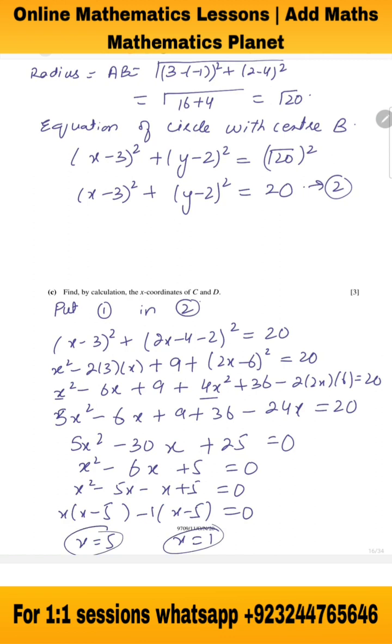So by calculation we get the x coordinates of C and D, that is x is equal to 5 and x is equal to 1. So these are the x coordinates of C and D.